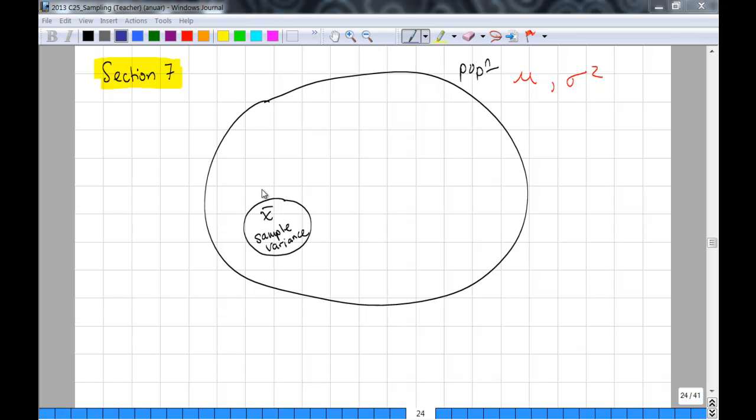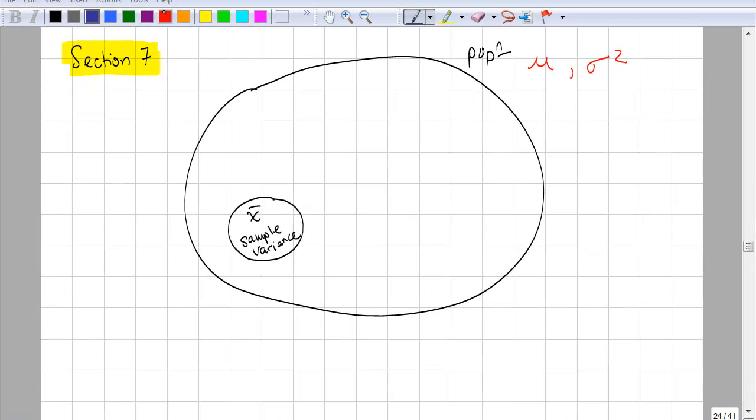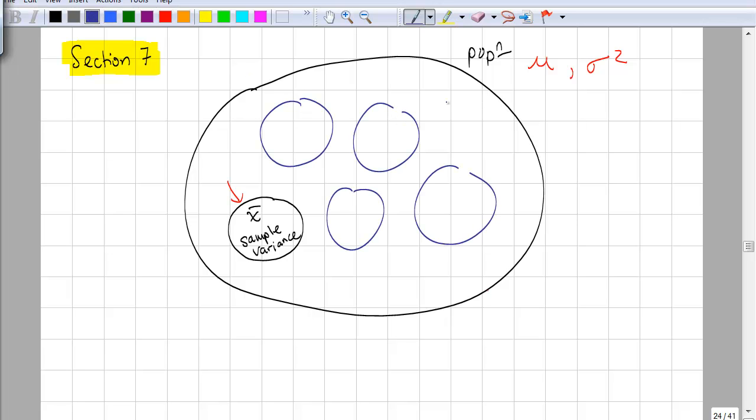Now there is also a possibility that this sample here is not the only possible sample that you can get the data from. You could actually have many different samples of similar size. So maybe for this one you have a specific mean, this one is another mean, and so forth.